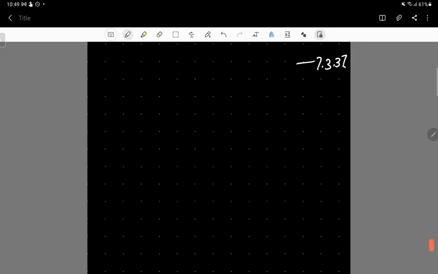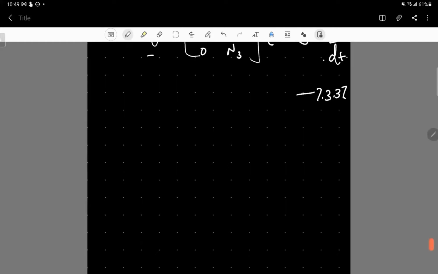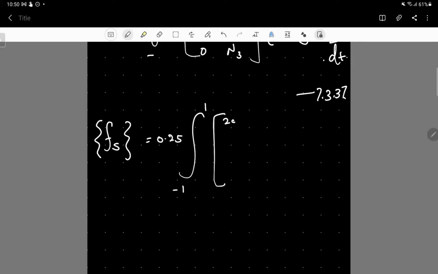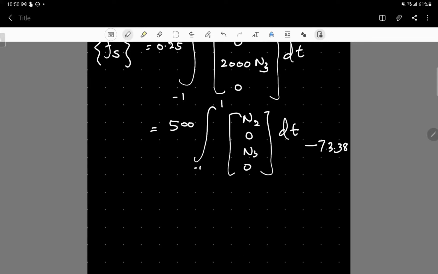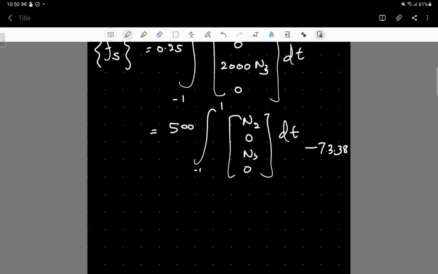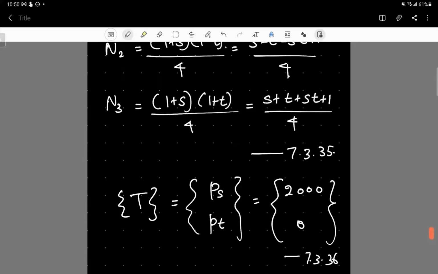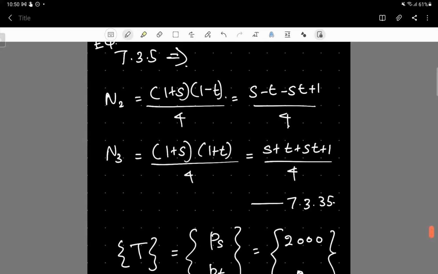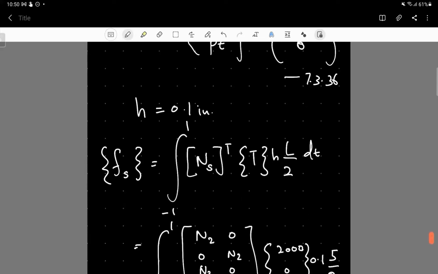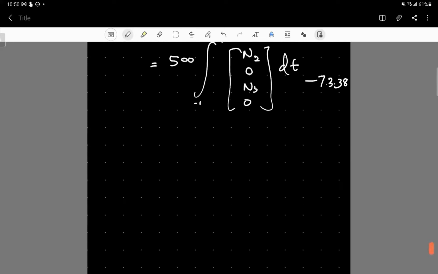So we can simplify the above equation and obtain the traction force. You can do the corresponding math on your own to see whether you get the same results. By simply substituting the corresponding N2 and N3 values from equation 7.3.35, because we already have N2 and N3 there, we can further simplify this relation.